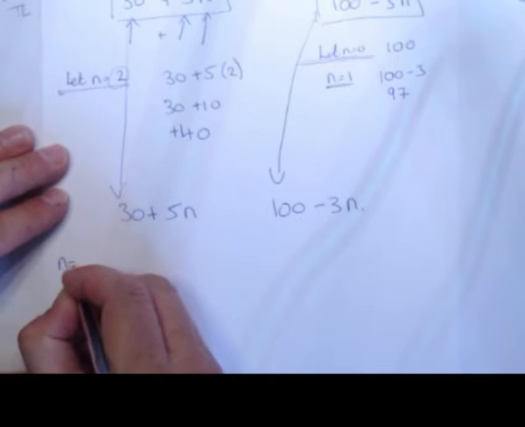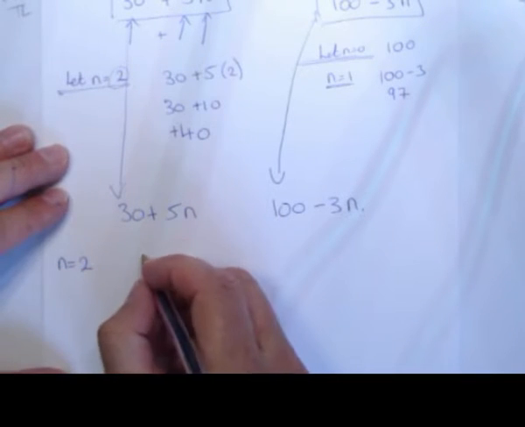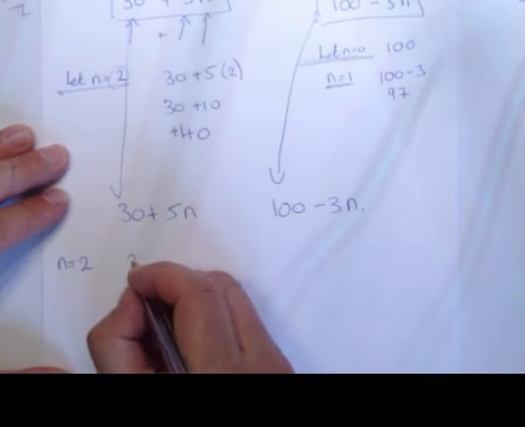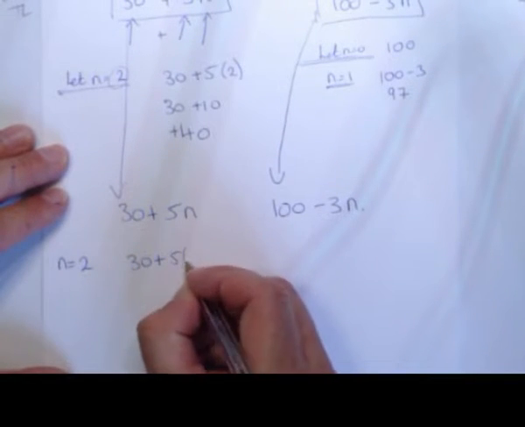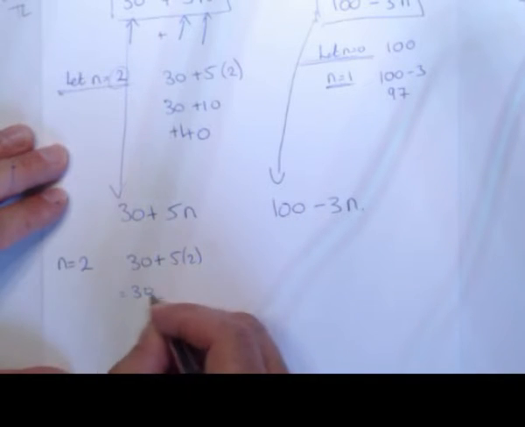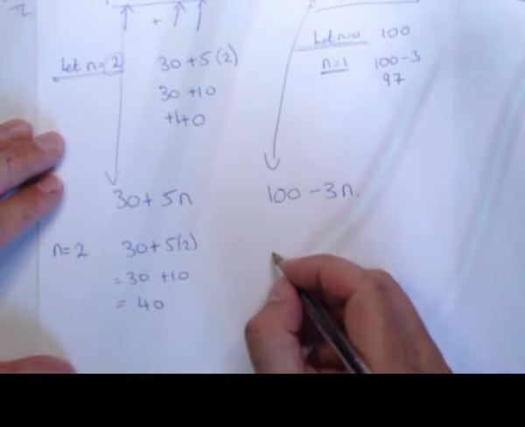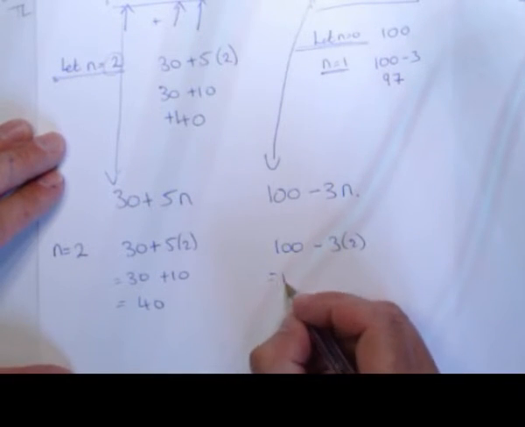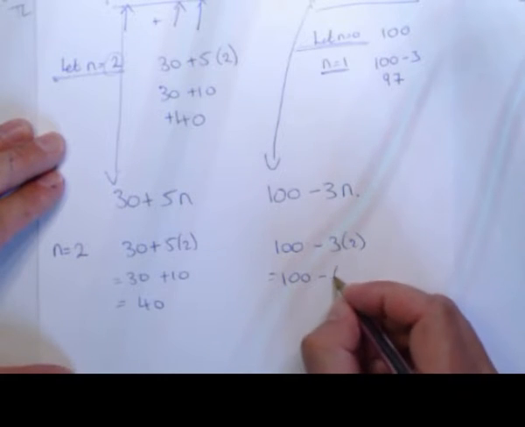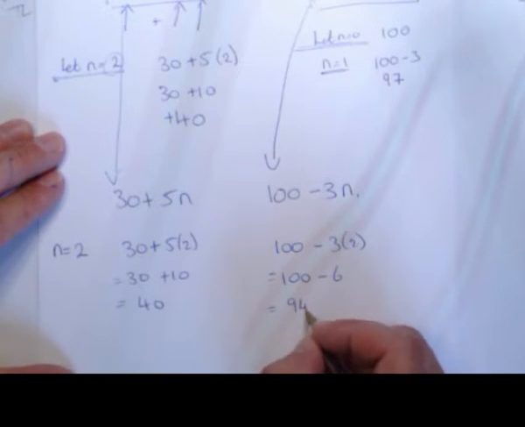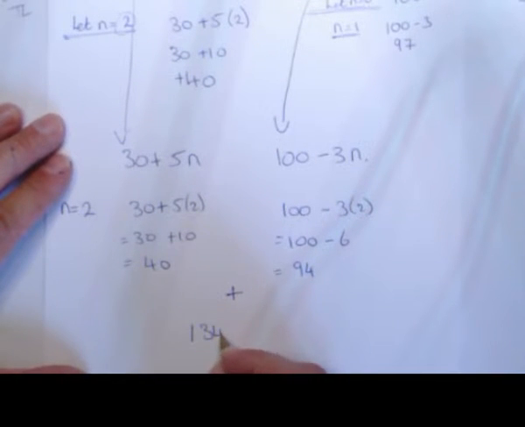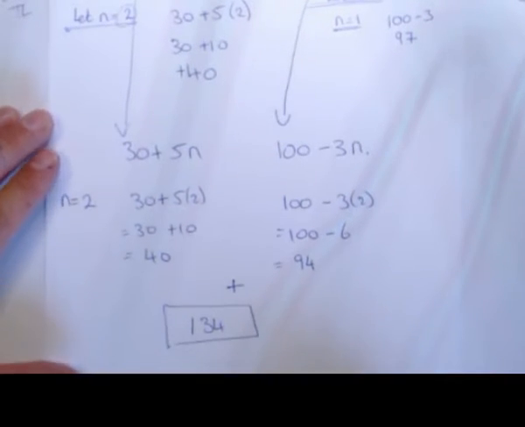So for example, if n was equal to 2, John would have €30 plus 5 times 2 is equal to €30 plus €10 is equal to €40, and Paul would have €100 less 3 times 2 is equal to €100 minus €6 is equal to €94, and then you could add them together and say that they had €134 altogether.